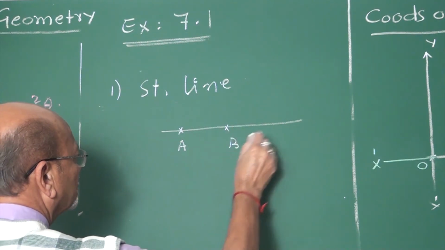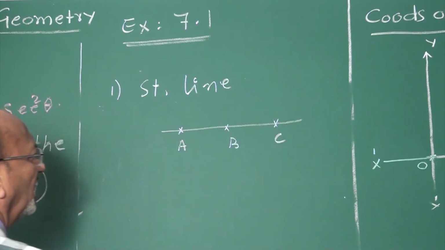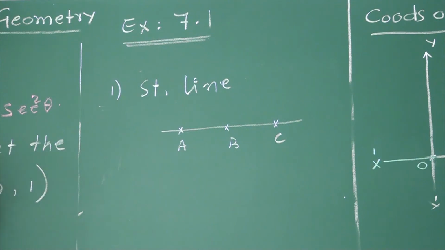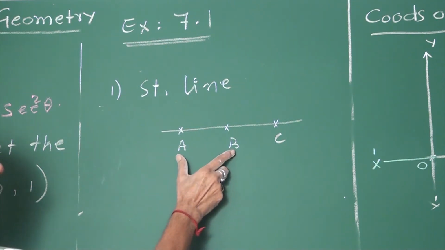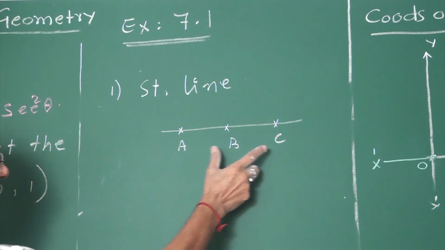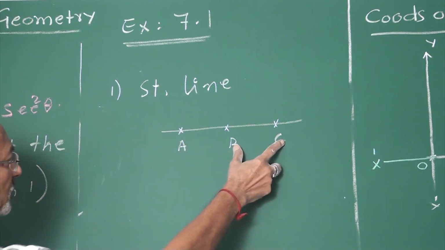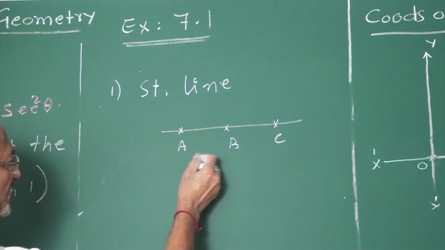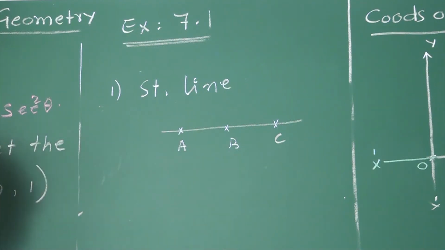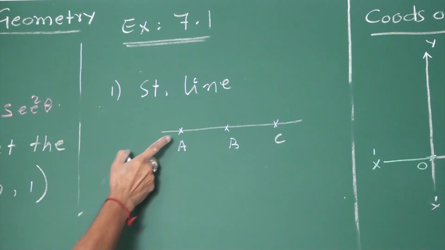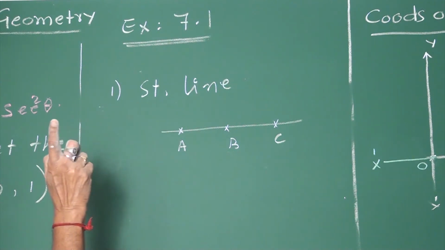If A, B, C lie on the same line, then you have to find the distances AB and BC. If the sum AB plus BC equals AC, then we conclude the points lie on the same line.